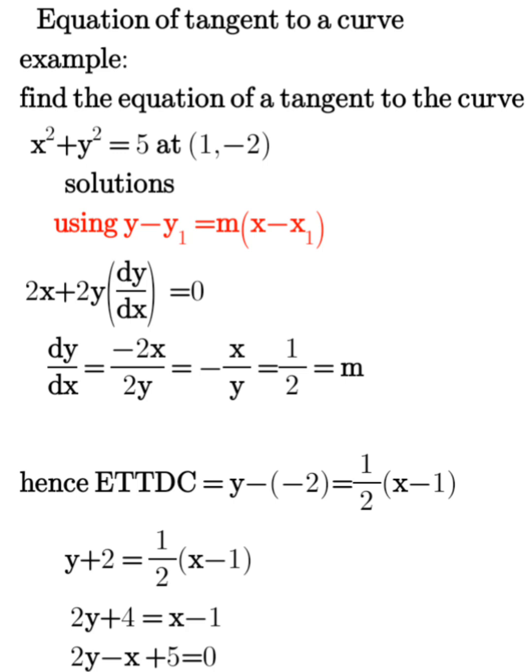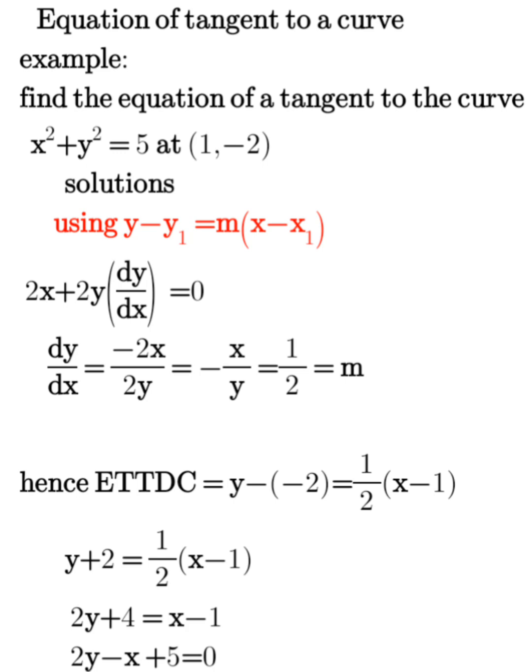By differentiating it implicitly, just like what we did earlier, differentiate x squared, that's 2x, differentiate y squared, you have to include the dy/dx, and you equate it to 0. Now when you take the derivative of this and make dy/dx the subject of the formula, you have minus x over y, which is equal to 1 over 2. So the 1 over 2 that we've gotten is our m. Now how did we get 1 over 2?